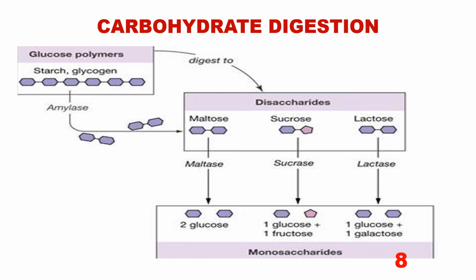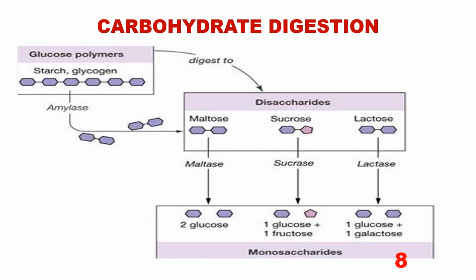Starch and glycogen are polysaccharide sugars. So carbohydrates are of three classes: polysaccharides, starch and glycogen; disaccharides, maltose, sucrose, and lactose; and then monosaccharides, which are glucose, fructose, and galactose. These glucose, fructose, and galactose are the simplest forms of sugar that can be transported in our blood and enter into our tissue to give us energy and enable cellular respiration to take place.